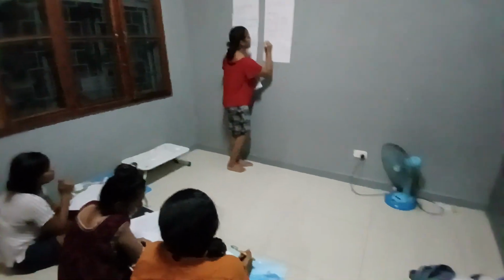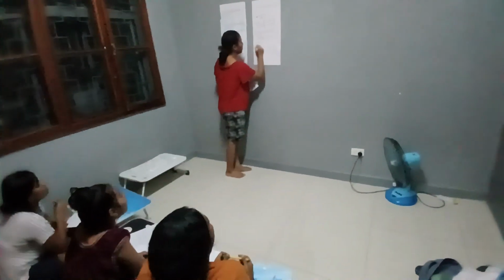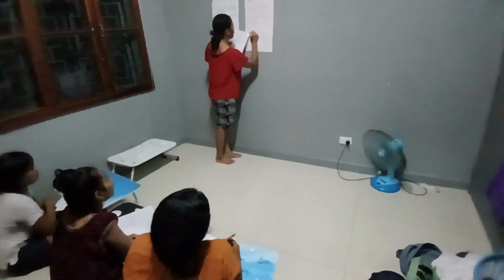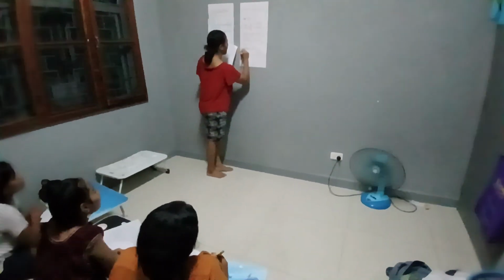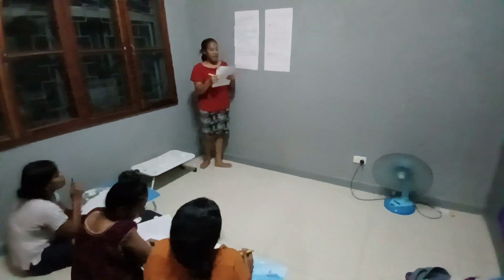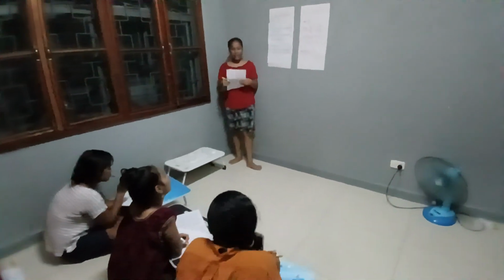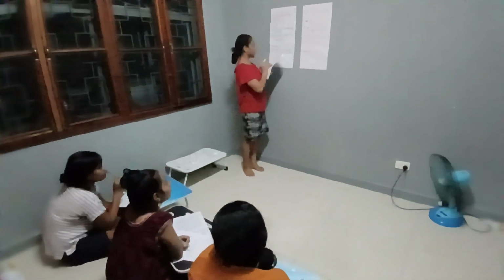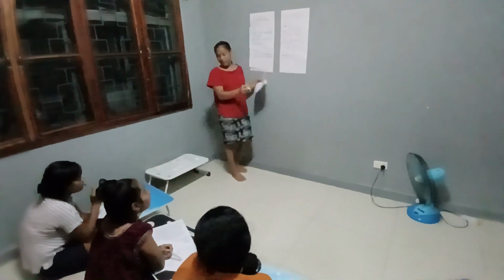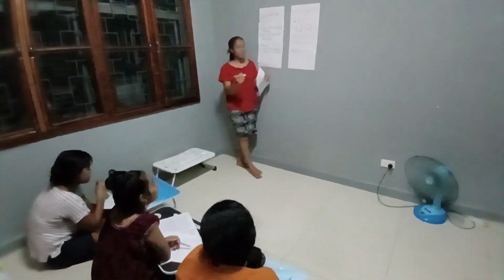Okay, letter A. 1 over 6. How many 3s can you get? Only 1. And the total number of outcomes is 6.